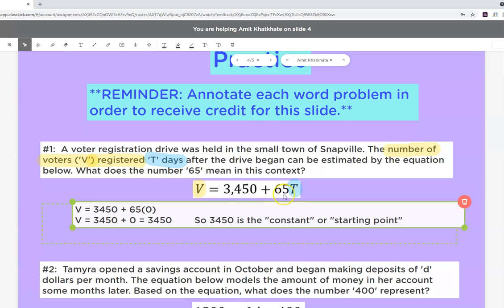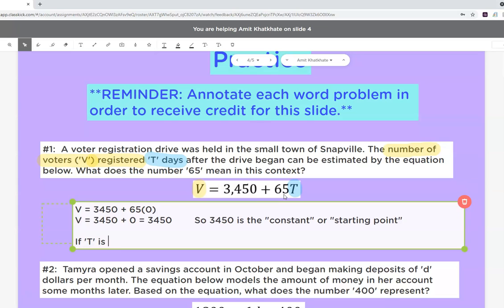So if T is days, then 65 has to be something per day. What's that something? The something is going to be whatever the whole question is about, which is number of voters registered.